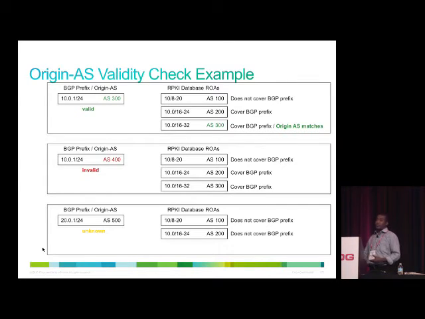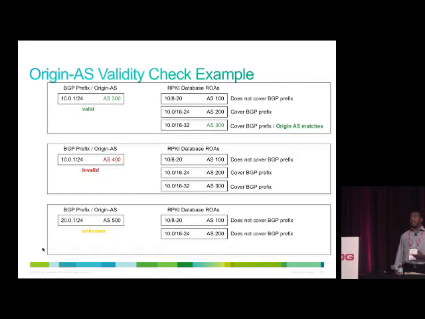So now that's a valid route. In the second case, it gets a match, but the AS number doesn't match with the ROA. In this case, it is invalid.